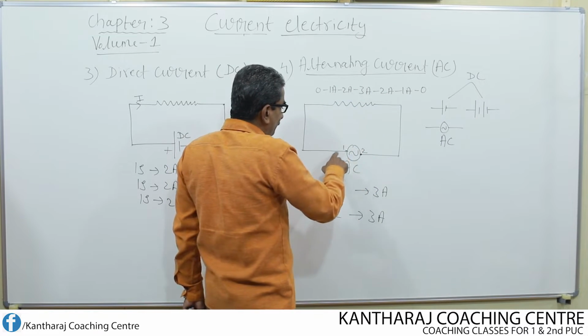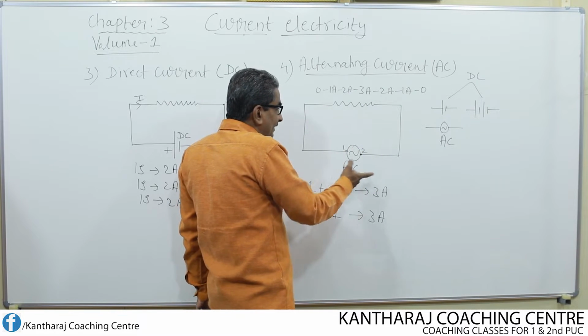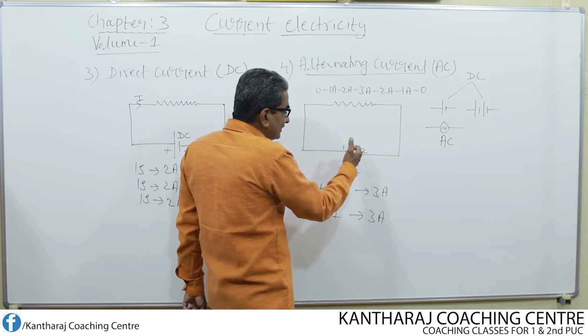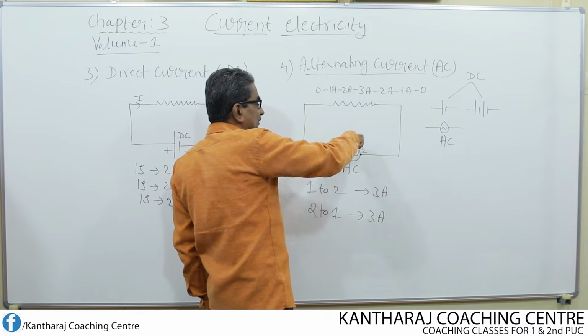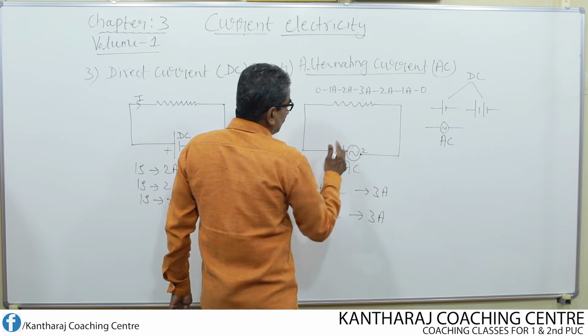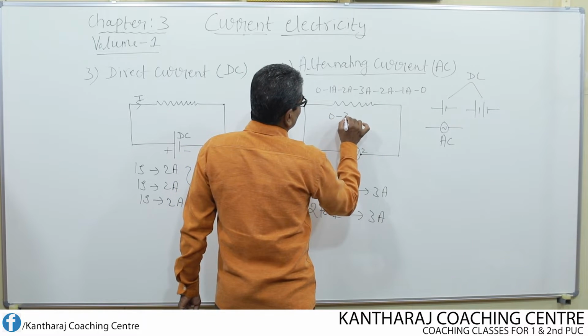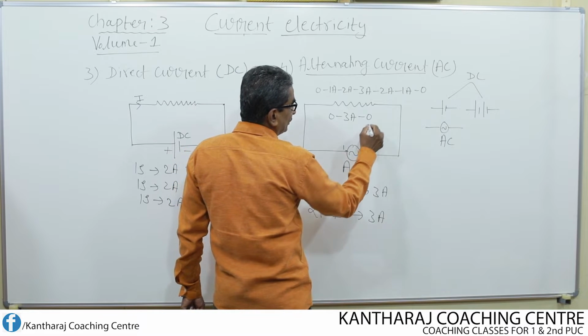One cycle means while flowing from 1 to 2. During another cycle, again the same thing happens. Current increases from 0 to maximum, maximum to 0. In short, I can write like this. While flowing from terminal 1 to terminal 2, 0 to 3 ampere, 3 ampere to 0.